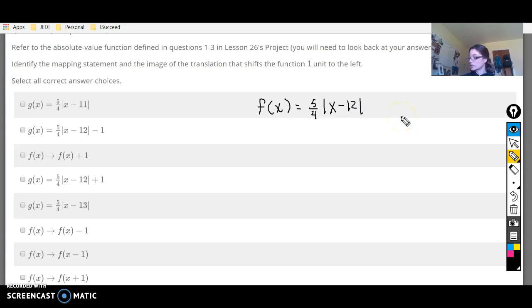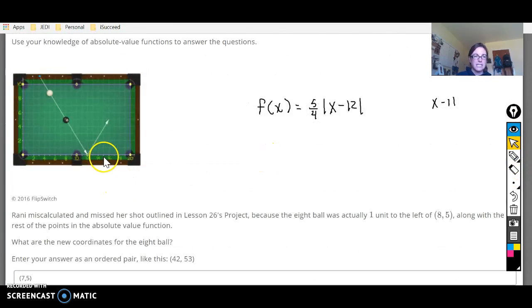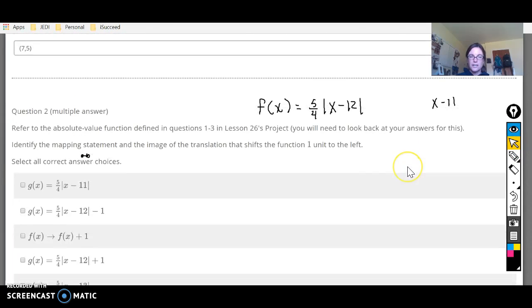So in this instance, we want to end up with x minus 11, right? Because they just told us that everything, including our vertex, is going to shift 1 unit over. So now we need this 12 to go over to 11. So how are we going to get there?